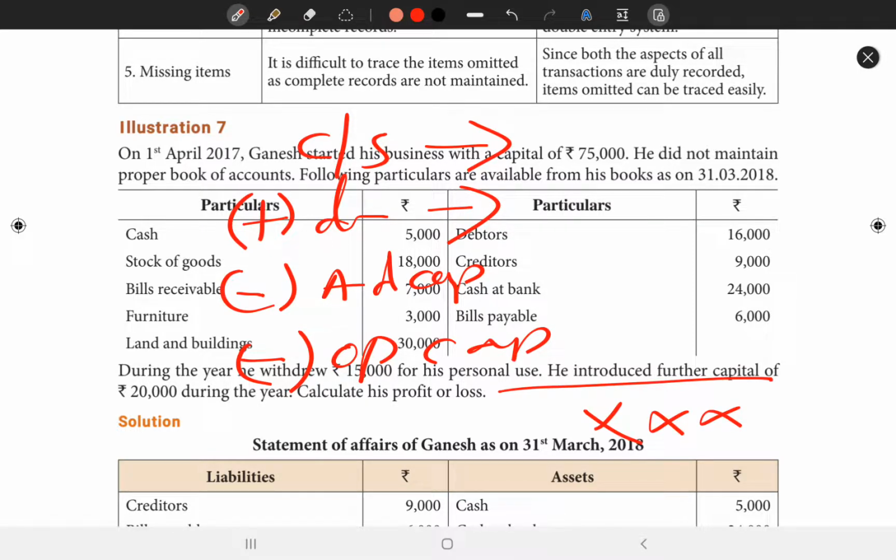This is the statement we learned to find profit and loss using the statement of affairs method. So here drawings and additional capital are given, and opening capital is also given as 75,000.